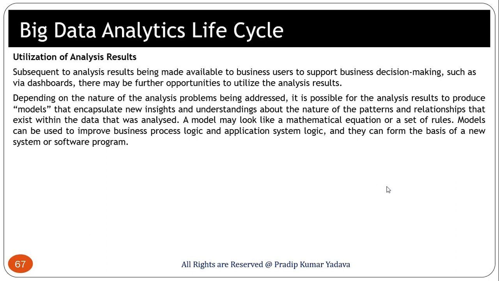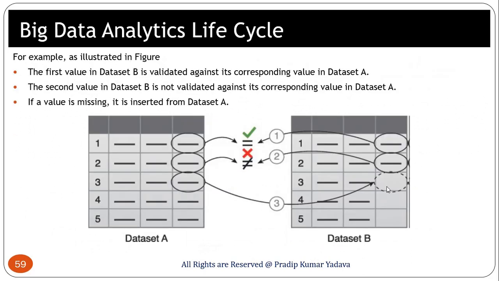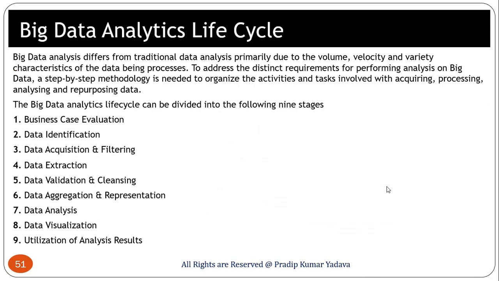So basically in this video we have discussed the big data analytics life cycle and how it works. There are 9 stages. Business case evaluation means firstly you have to make a plan: what you want to do, what is your motivation, what is your goal. Then second is data identification. Then you have to identify the data, which data is valid or not.